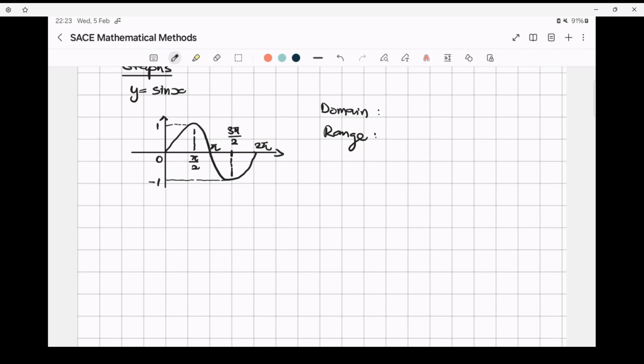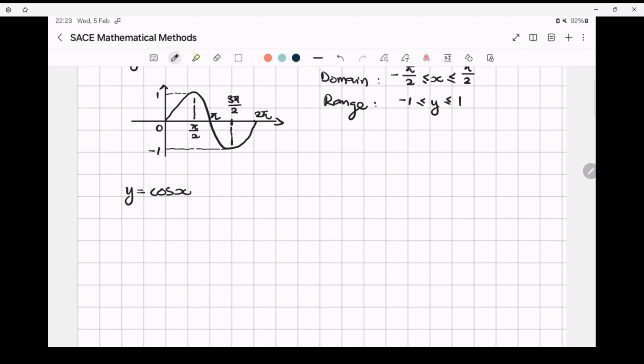So usually for sine x, what we would do is to take from minus pi over 2 up to pi over 2. Because if you take a larger domain, your horizontal test will fail and you won't get the inverse. So for the range, it will be from minus 1 to 1. So that is for sine x.